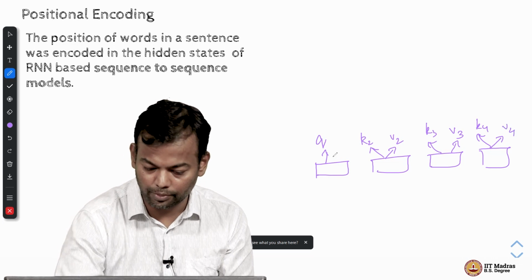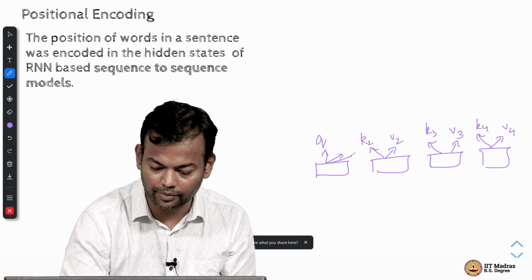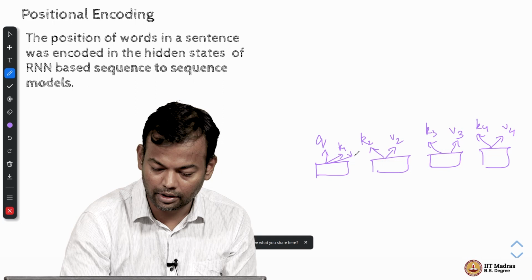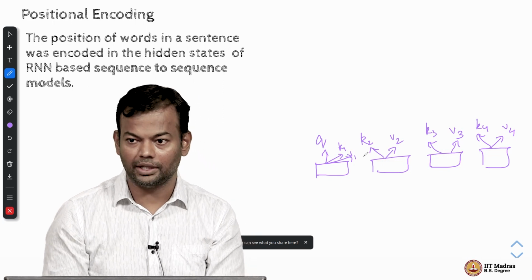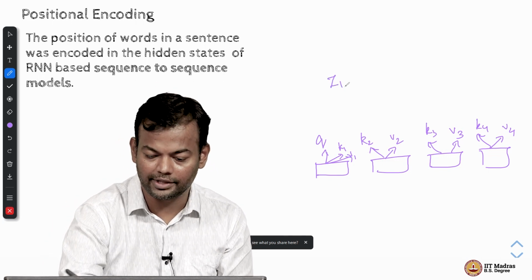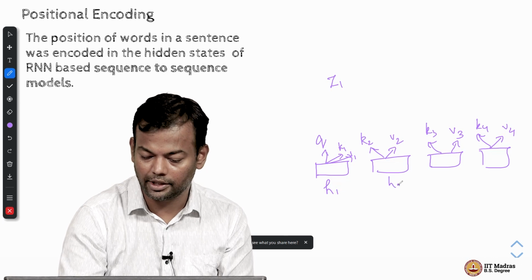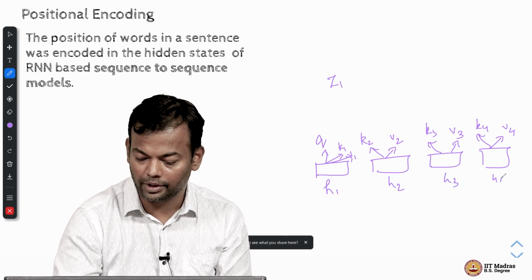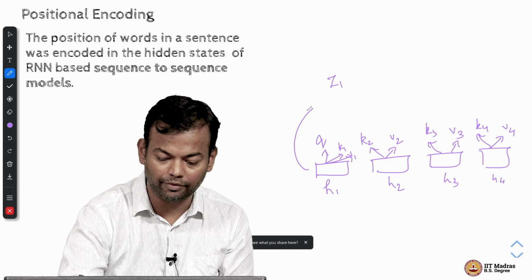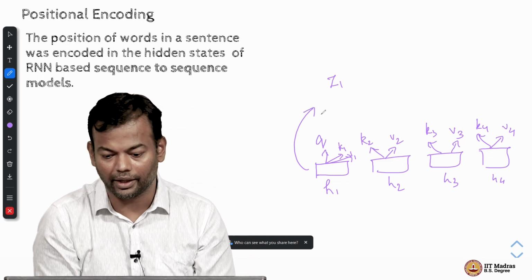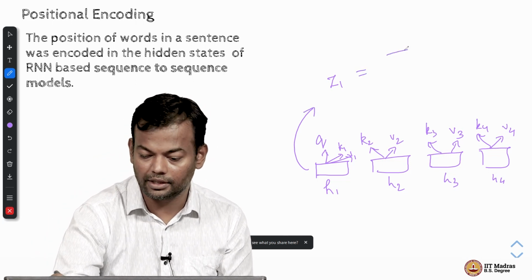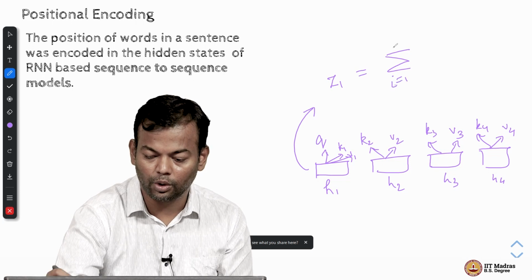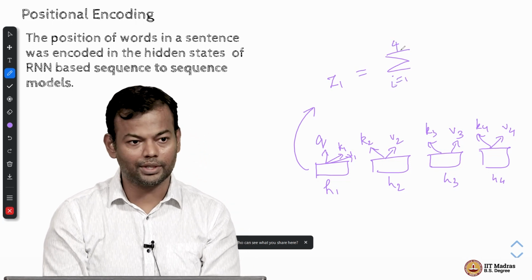Of course, you also compute the value and the key from this word itself, right? And now the new representation, I'll call it Z1. So this was H1, H2, H3, H4, and I'm just looking at the new representation for this word, Z1. How would you compute that? That's a summation over i equal to 1 to 4 in this case because the sequence length is 4.